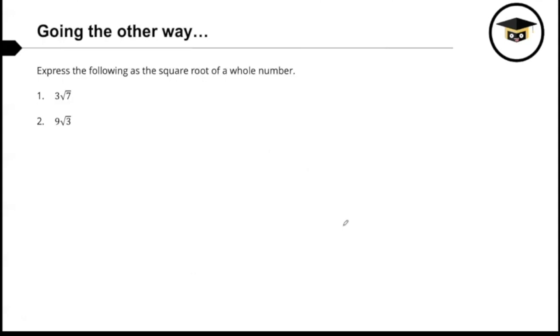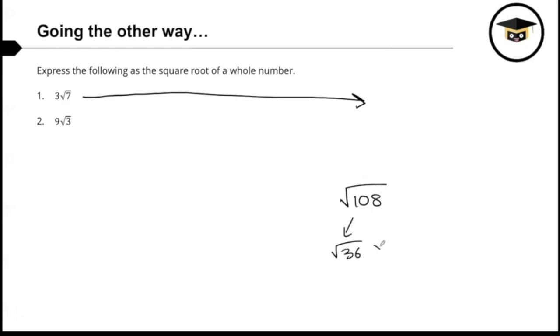Okay, so how about instead of simplifying, we're actually going to be expanding a surd out, or we're going the other way. So how would we express these simplified surds as the surds of a whole number? Well, remember how we were doing the root 108 and we split it up into root 36 times root 3, and then we got 6 times root 3. Here, it's very much a similar process, except the 3, we actually have to turn back into its square root.